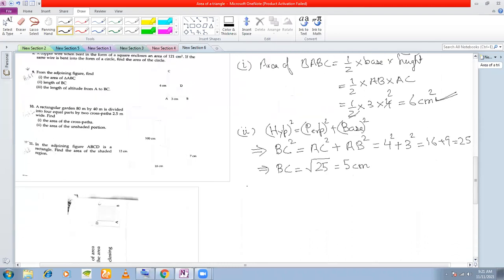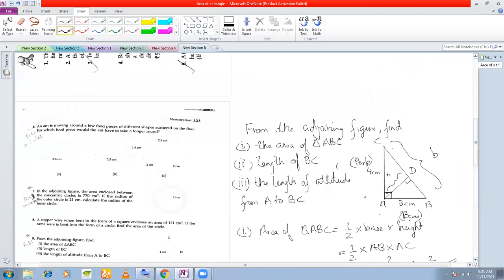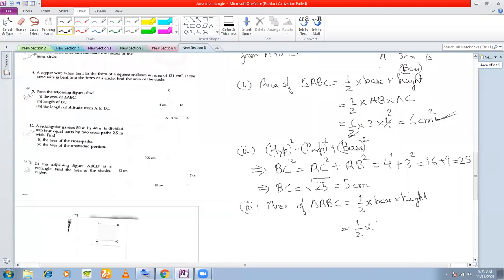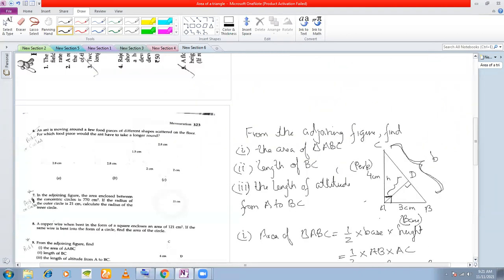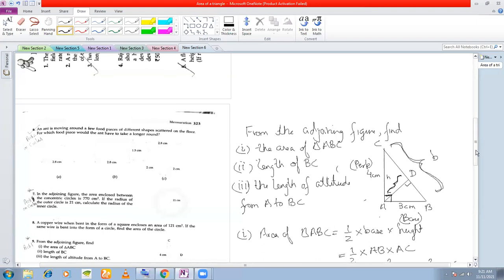So I'll write here, area of triangle ABC is equal to half into base into height, which is equal to half. Now see here, we are considering the base as BC, this length. Let's write BC. And height we are considering as this length, AD.